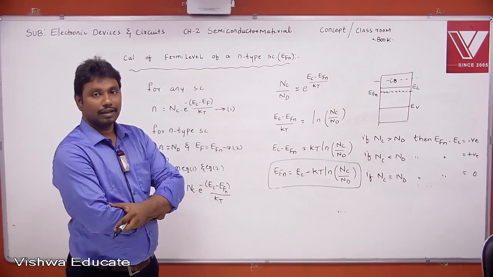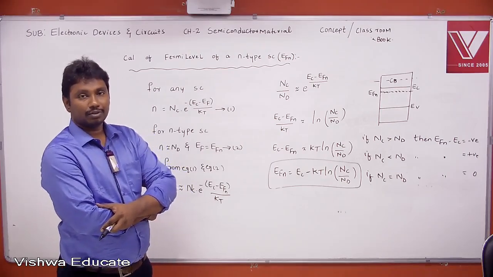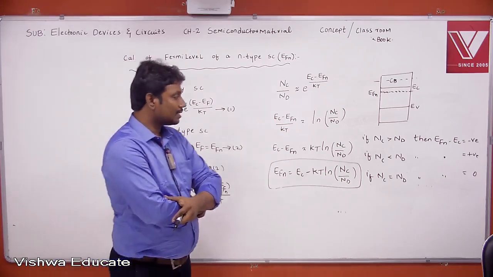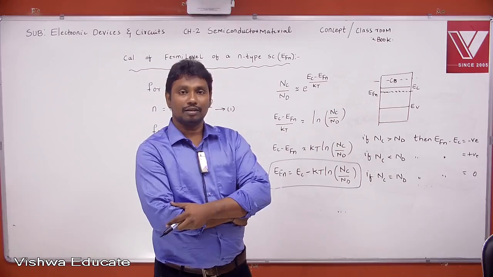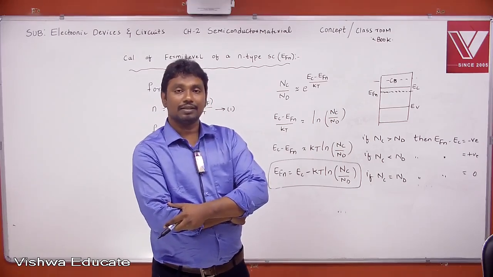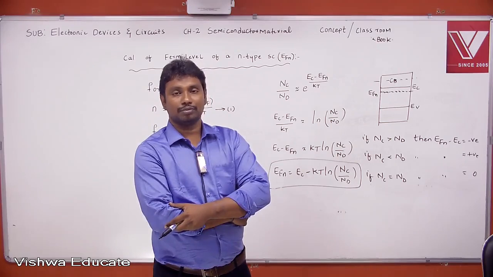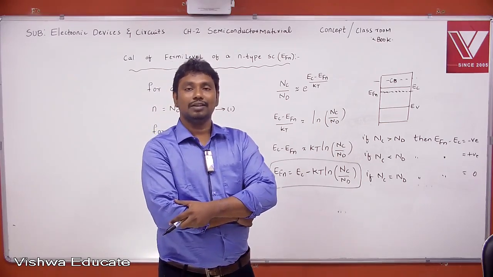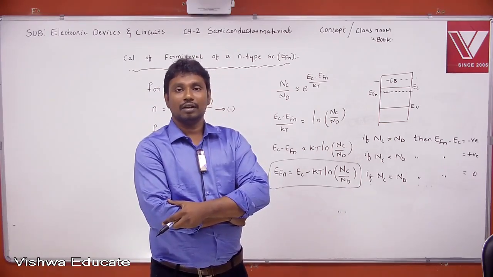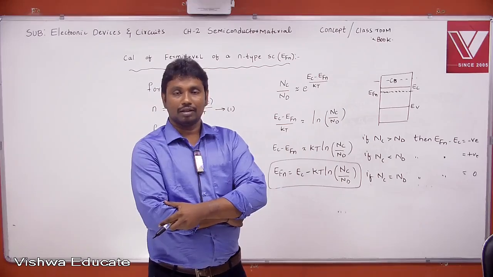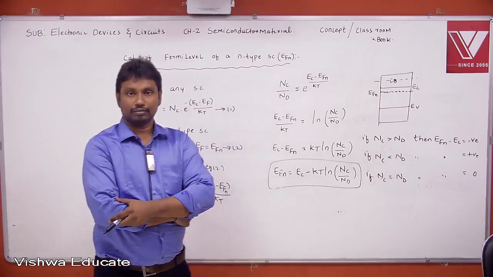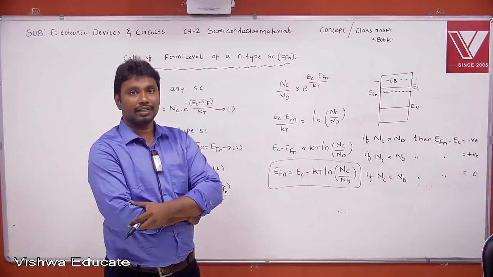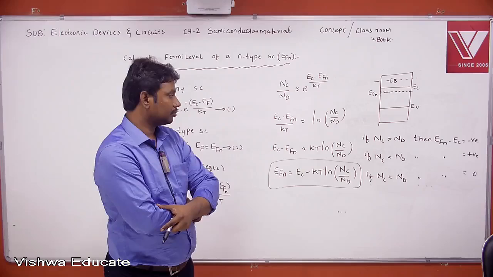Right. Next, case 2. If NC is less than ND, then EFN minus EC equal to positive. That is, the Fermi level lies within the conduction band.